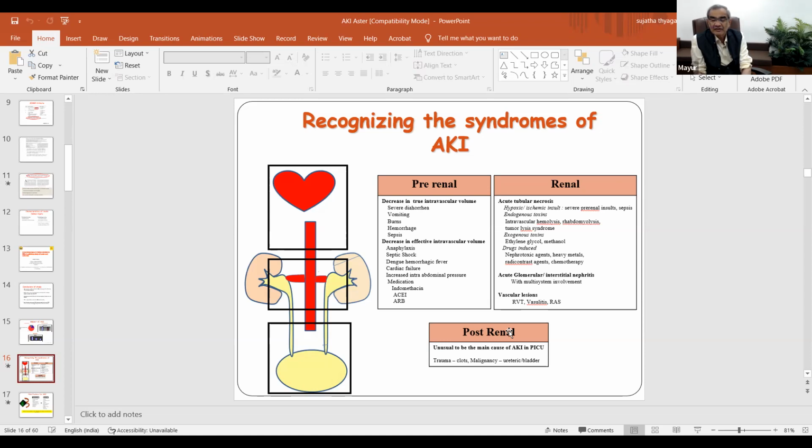Also patients with cardiac failure, increased intra-abdominal pressure and so on. Renal, as you know, could be broadly divided into glomerular or tubulointerstitial and vascular lesions. And post-renal is something which requires surgical intervention to bypass the obstruction if the urinary flow is obstructed.